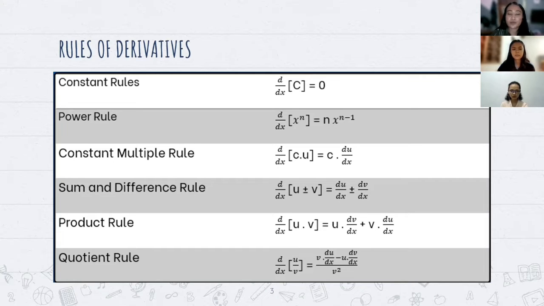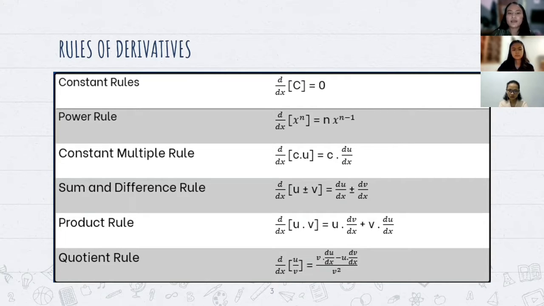Sum and difference rule: d over dx of u plus or minus v equals du over dx plus or minus dv over dx. Product rule: d over dx of u multiplied by v equals u multiplied by dv over dx plus v multiplied by du over dx.